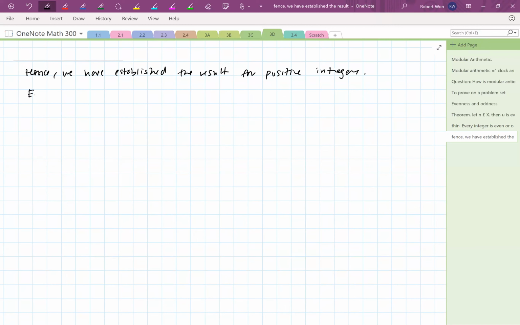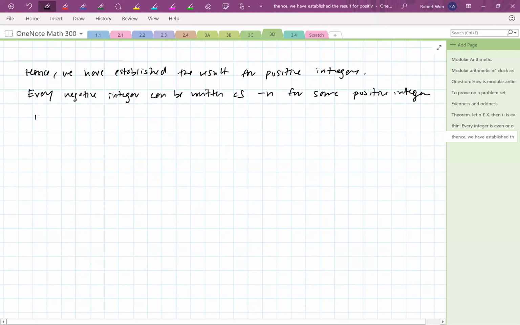Now, every negative integer can be written as negative n for some positive integer n, because that's the definition of being negative. It means that your additive inverse is positive.